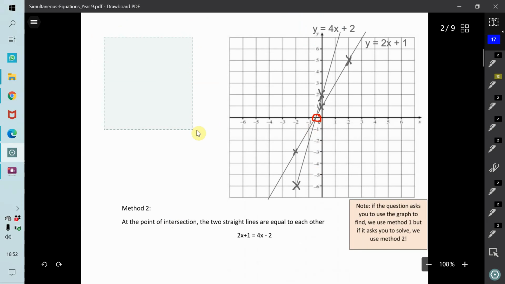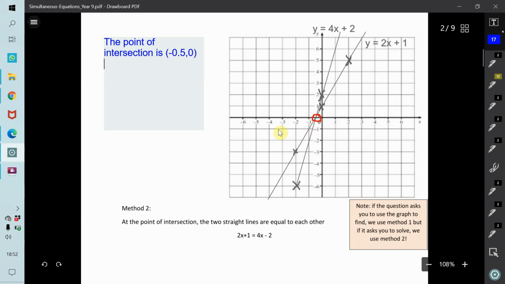The point of intersection is, and if you read it, it is between 0 and -1. So on my x value, it's minus 0.5, comma, in line with the 0 of the y-axis, 0.